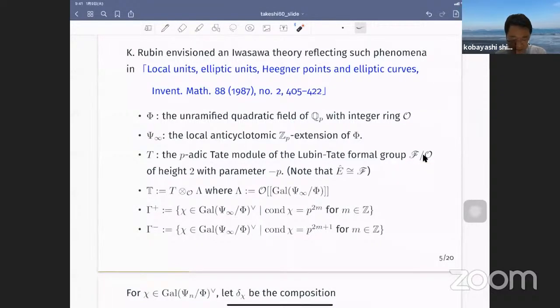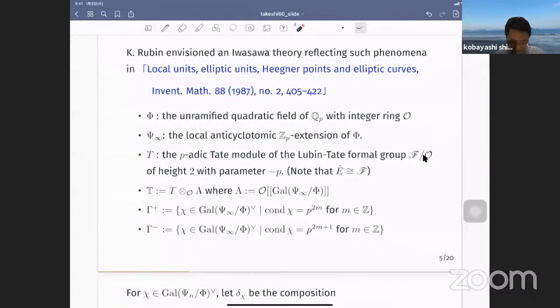And T is the Tate module of F. So actually it is the Tate module of Ê. And big T is T tensor Λ, so the Iwasawa-theoretic anticyclotomic deformation of the Tate module. Λ is the anticyclotomic Iwasawa algebra.